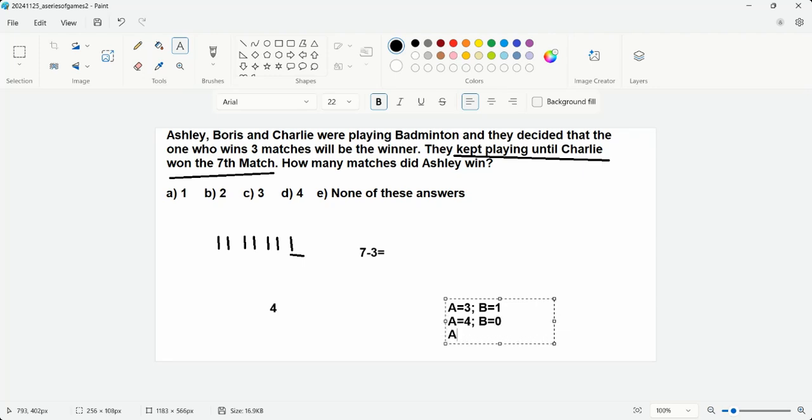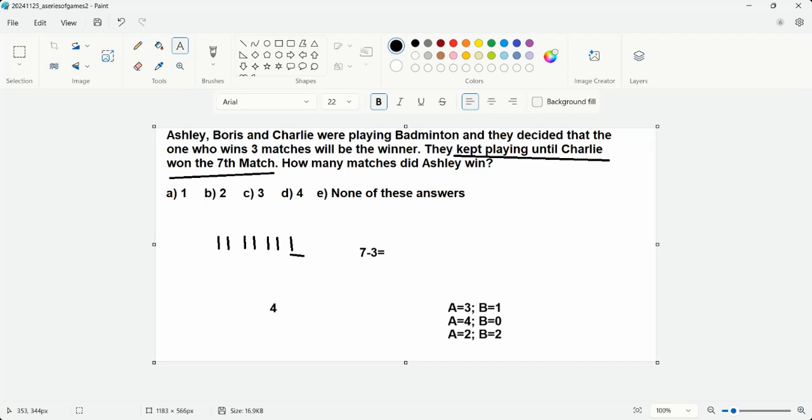And if Ashley won 2, Boris will win 2, right? But there can be other combinations as well, like Boris can win 3 and Ashley can win 1, or Boris can win 4 and Ashley 0. But we have to think no one can win more than 2 matches, right? Because if they win 3 matches, they will already win the game and the games will stop.